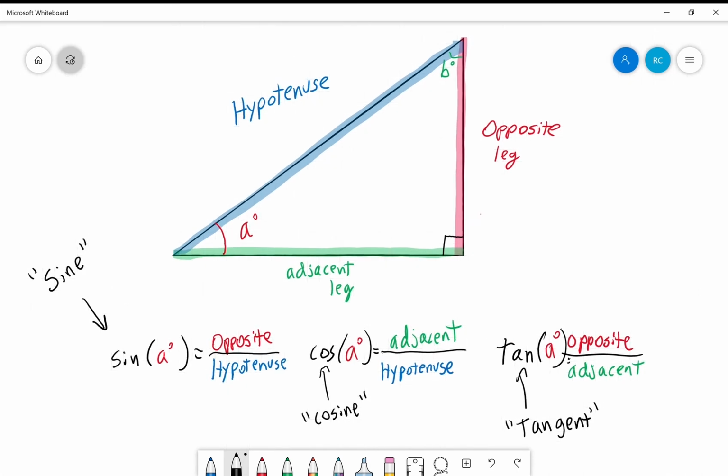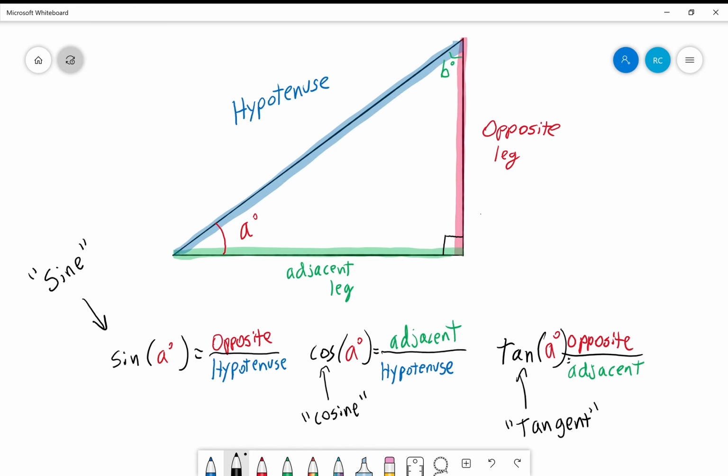And with this information right here, you will very soon be able to have complete mastery over all right triangles. All you'll need is one angle and one side, and you'll be able to figure out everything else using the Pythagorean theorem, and then using these three ratios: sine, cosine, and tangent.